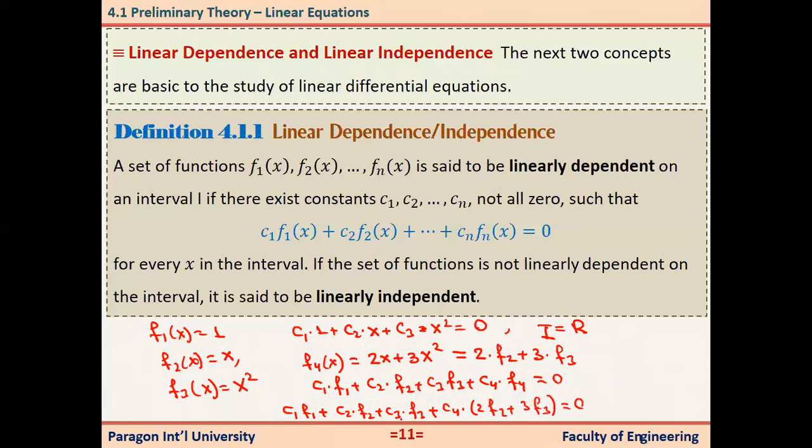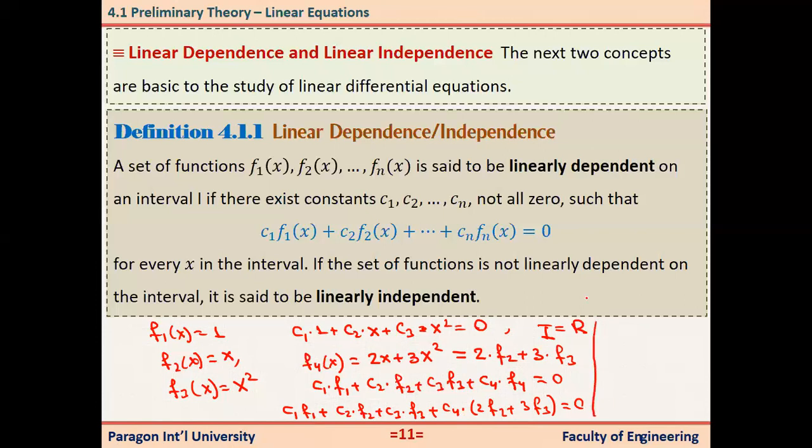Now here we have F2, and here we have F3, right? The coefficient of F2 is C2 plus 2 times C4, and this one is C3 plus 3 times C4.